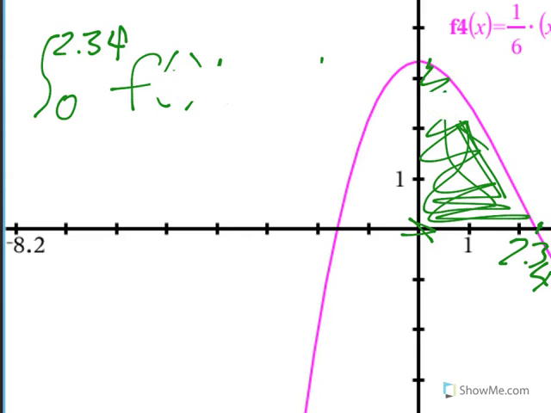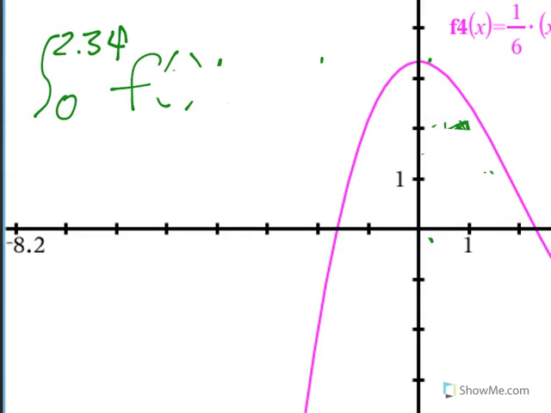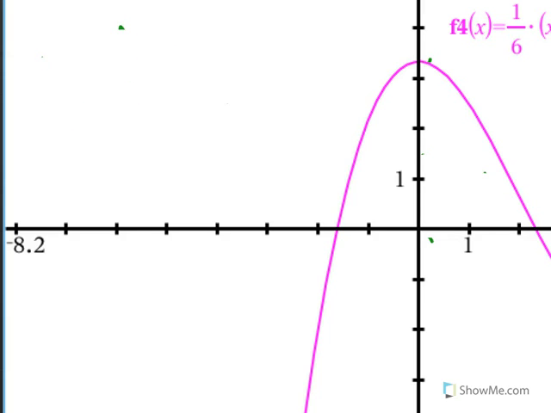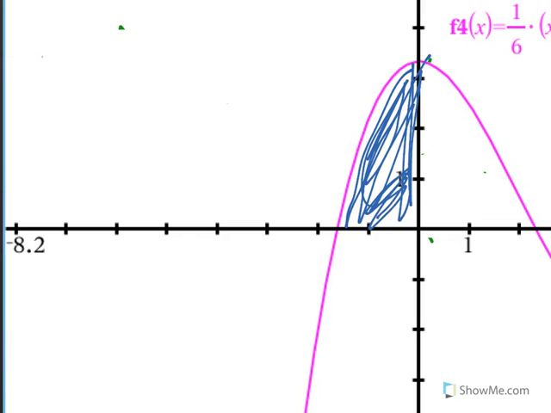But say instead that we wanted to find the area of this blue section here. So the integral from 0 to negative 1.62, here at this point.